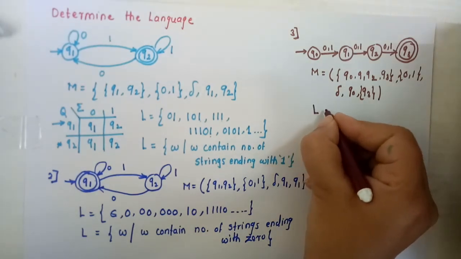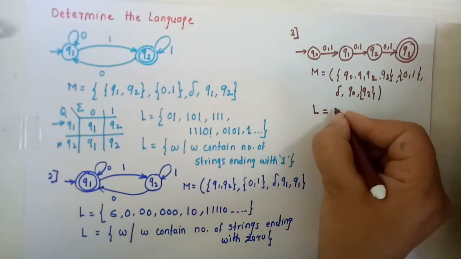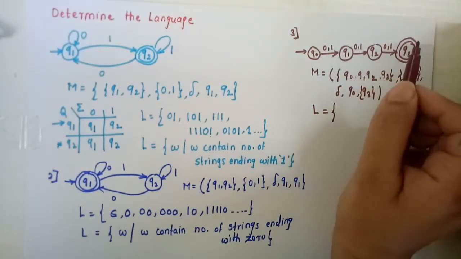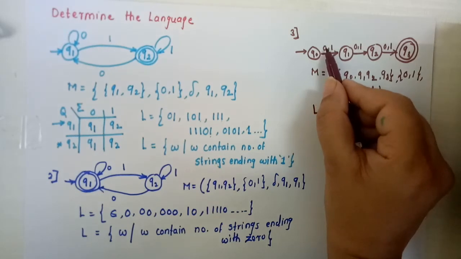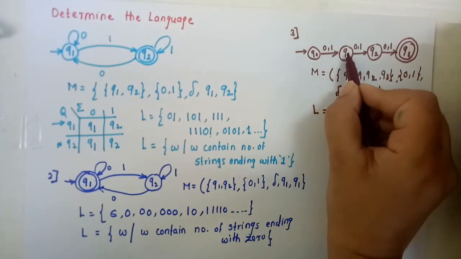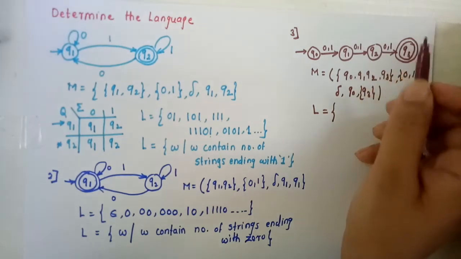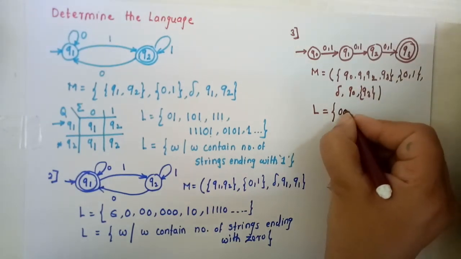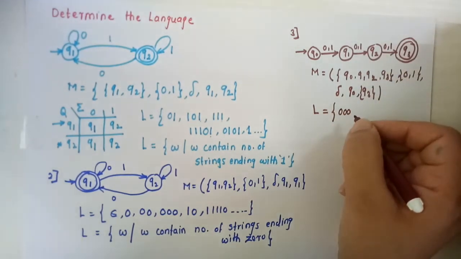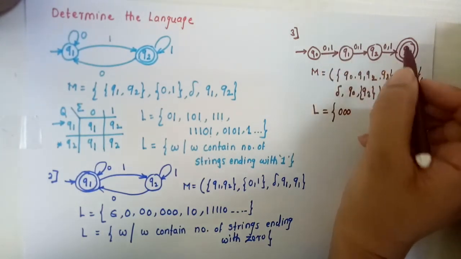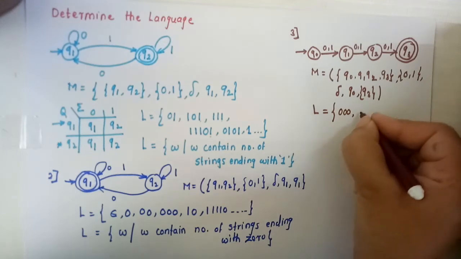Language is equal to: first we can stop at the Q3 state. I read only the 0 symbol. Q0 to Q1 on 0, Q1 to Q2 on 0, Q2 to Q3 on 0, means initially the string is equal to 0 0 0. Otherwise, next time I can read only the 1 symbol, then 1 1 1.